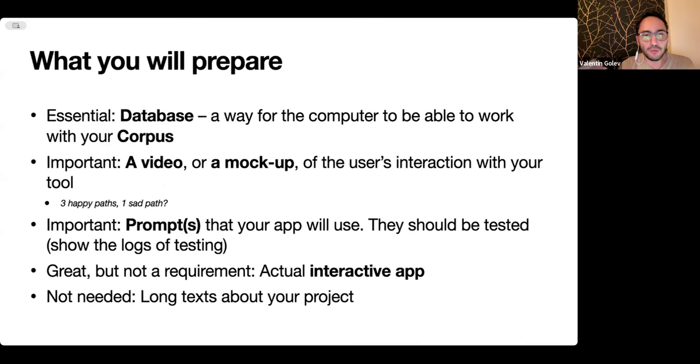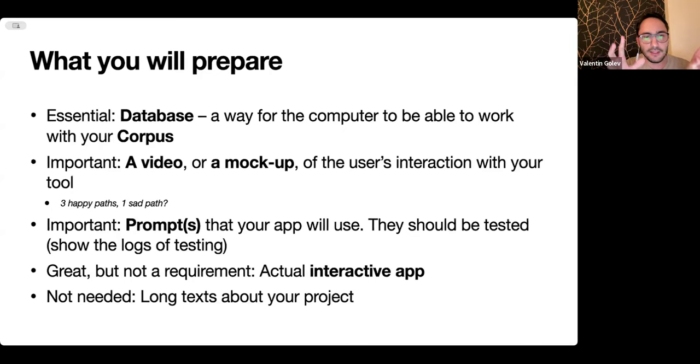And what you will prepare is going to consist of several things. First of all, it's going to be a database. A database is a way for the computer to be able to work with your corpus. Your corpus is kind of raw, it might be PDFs, videos, something that is unprocessed.